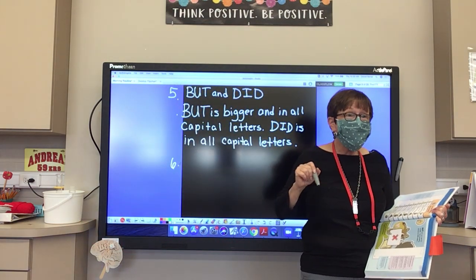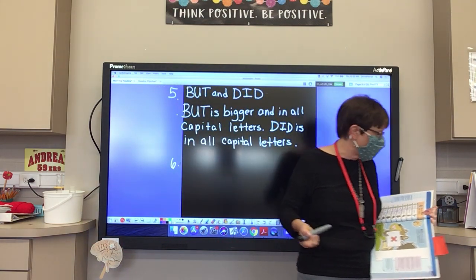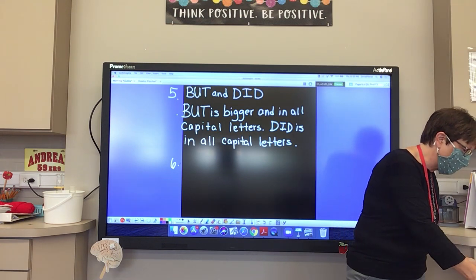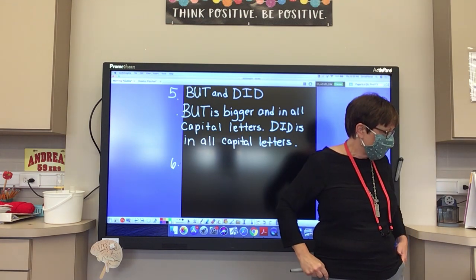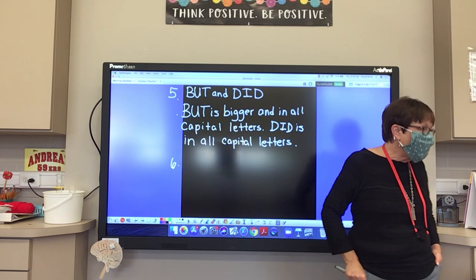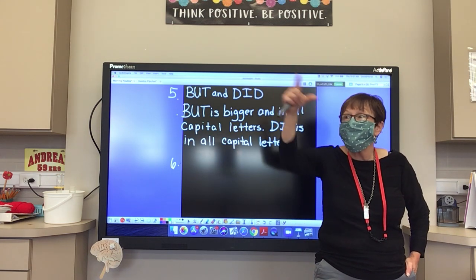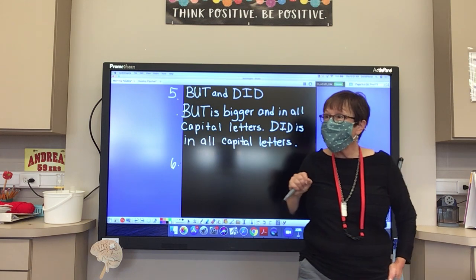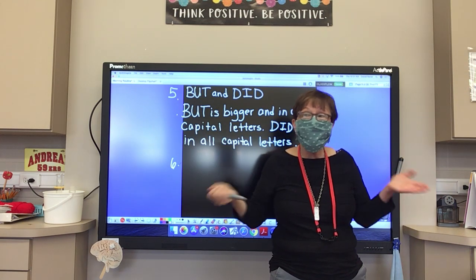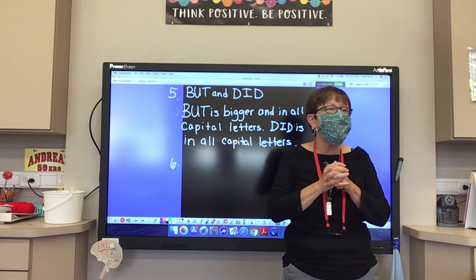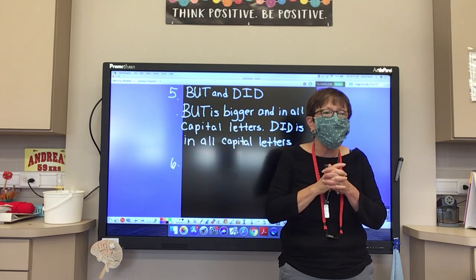So now we have to figure out, why did the author change the words like that? Why do you think the author changed those words, made those words bigger, put them all in caps? Why do you think the author did that? Just for fun? Because they wanted to have fancy font like that?